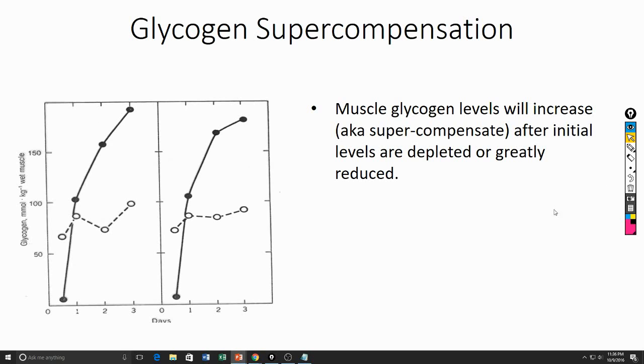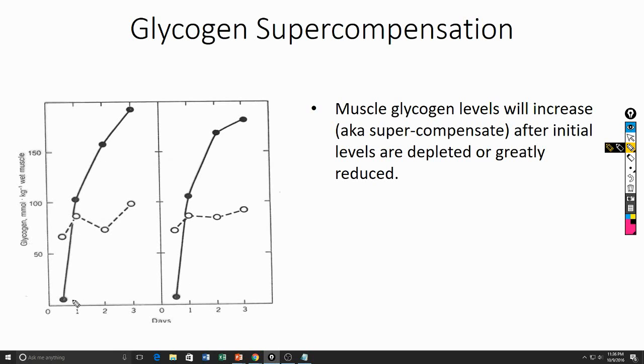That's depicted in this graph. You can see days here on the x-axis, glycogen on the y, and our control is just these dotted open circles, supercompensation in the solid black.